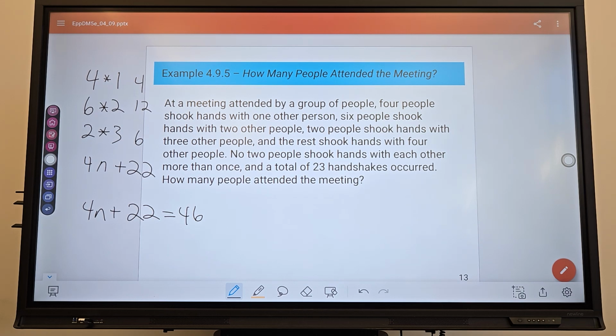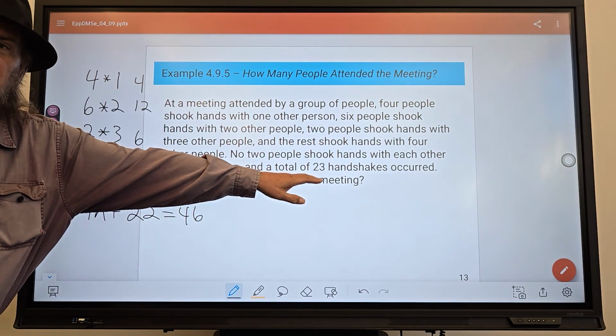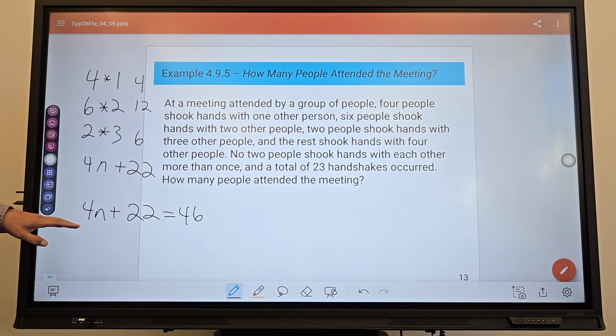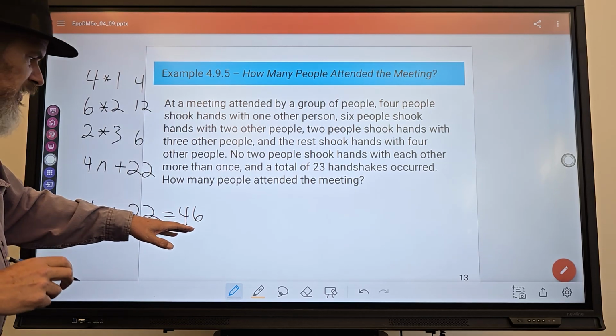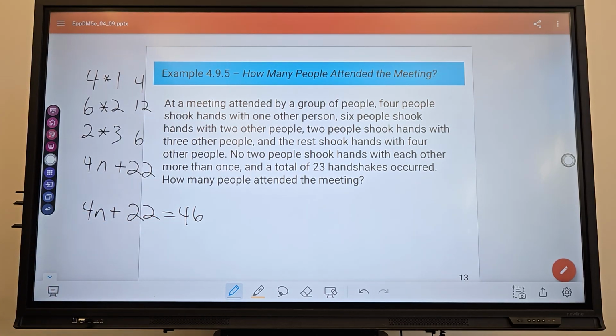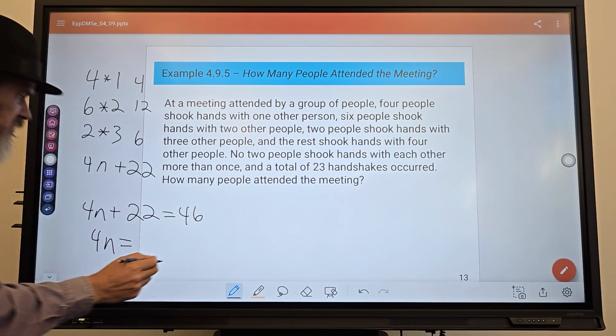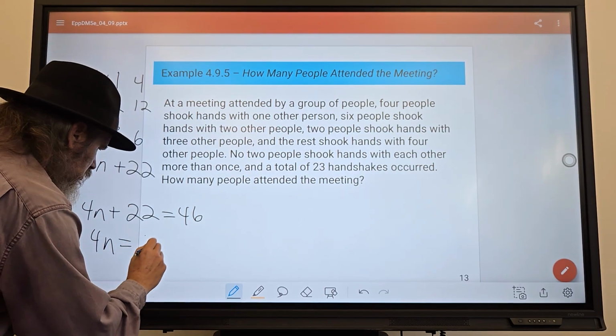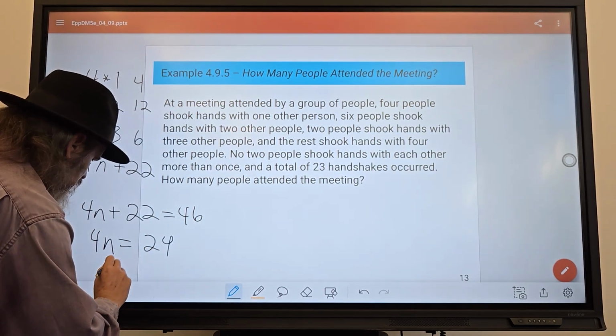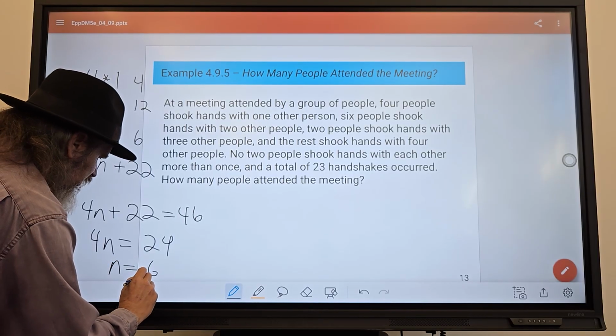So you have 2 endpoints on those edges of your graph, and this is the total degree. So it'd be 23 times 2, and then 4n equals 24. So n equals 6.